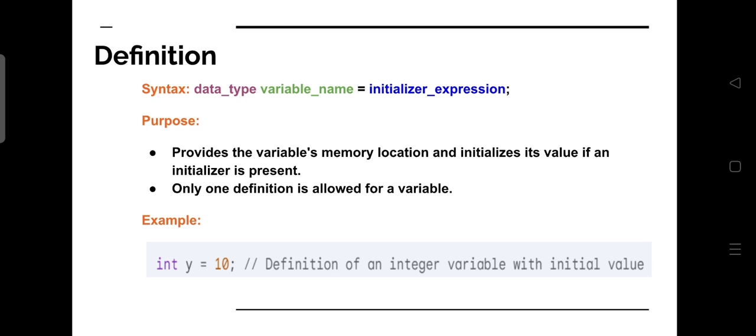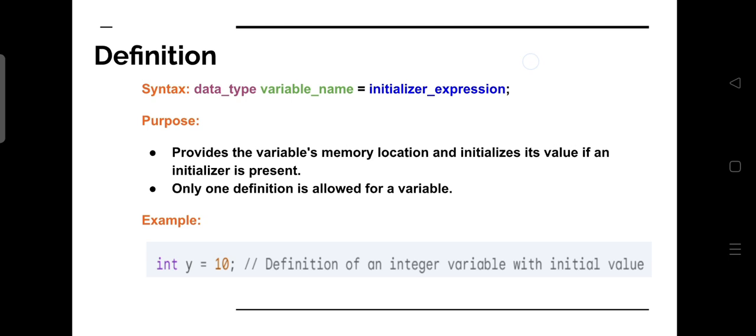An important note is that you can only define a variable once. Think of giving a permanent address to a friend, so they don't move, right? There is a basic syntax for a definition, as we just discussed: int y = 10. In this example, we are both declaring and defining the integer variable y.